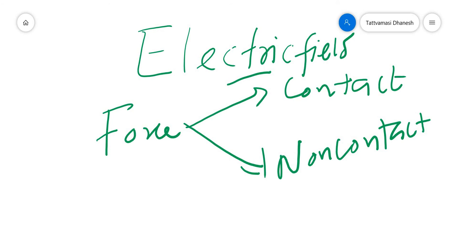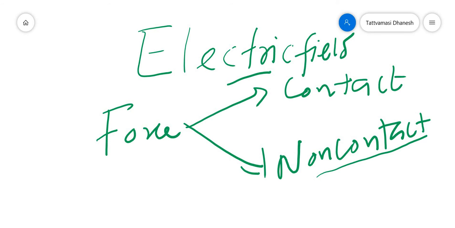But a magnet can attract another iron piece or another magnet even without touching it. That is the same case with charge as well, and the same case with gravitational force. So what I want to tell you is all mechanical forces are contact forces, but there are non-contact forces. Examples: electrostatic force, gravitational force, magnetic force. All these are non-contact forces.